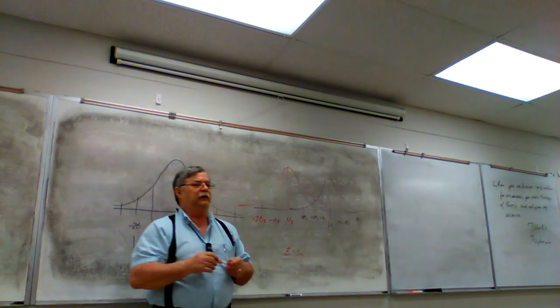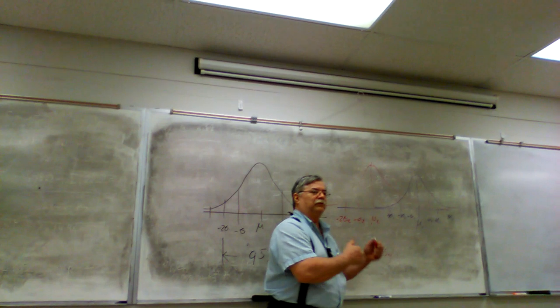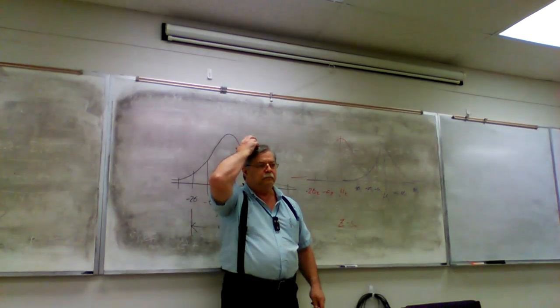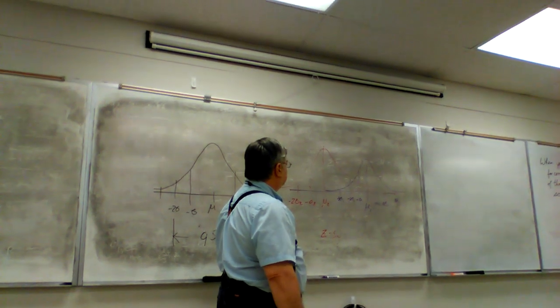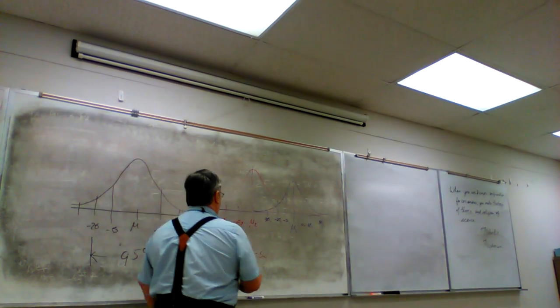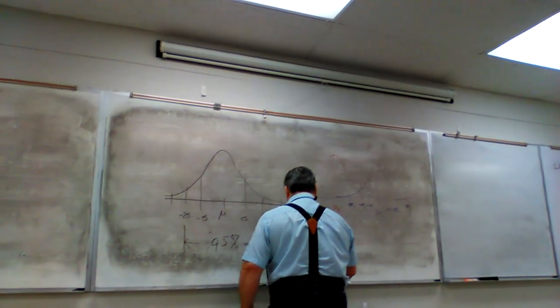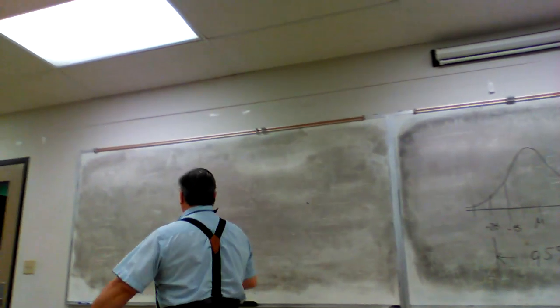Z-score, exactly. The Z-score tells you how many standard deviations you are from the mean for any given datum. Right? Well, that gives us the notion of the standard normal distribution.